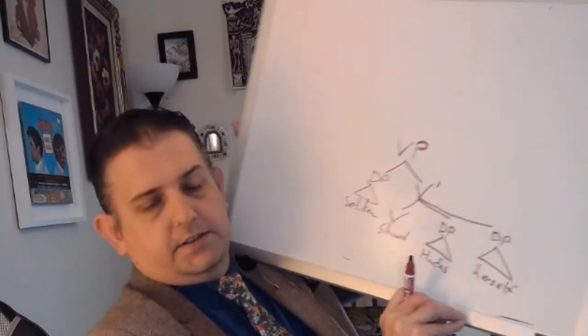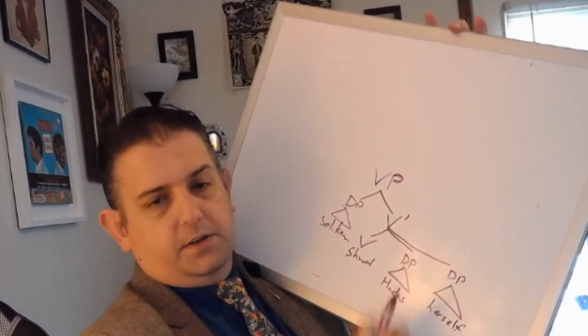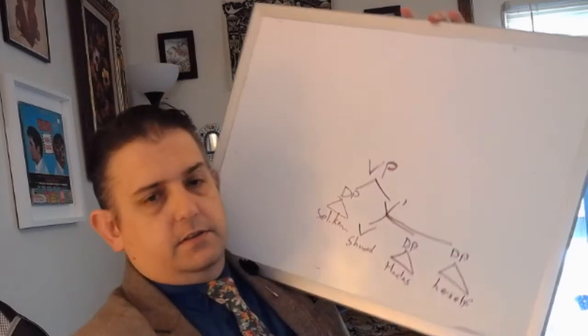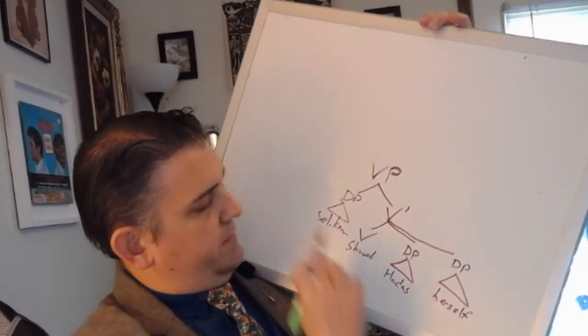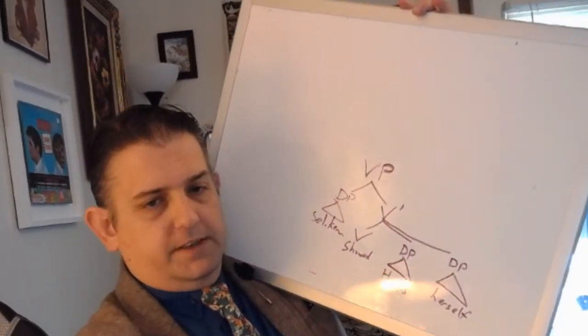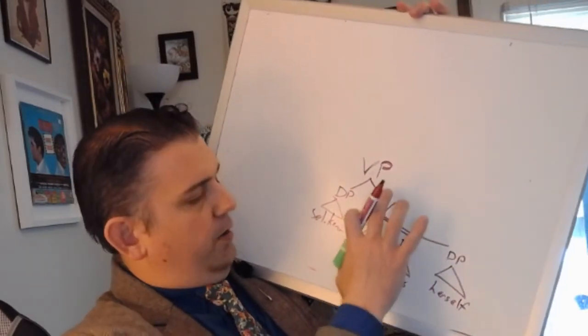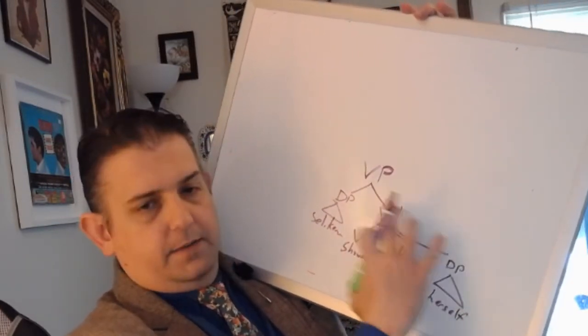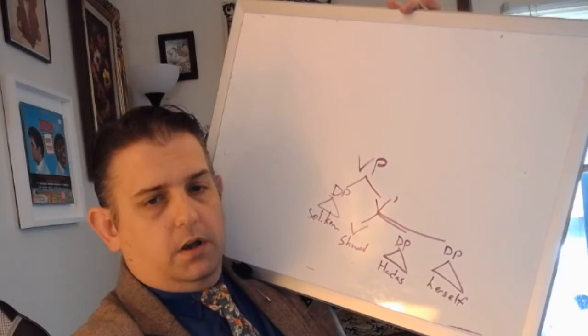And we're playing fast and loose with some of our assumptions here, but that's okay. We're not going to worry so much about building up the rest of the structure. We know that Seleucum is going to raise out of here. But this is the D-structure of this verb phrase here. And we know that ultimately these two things are going to remain down low.